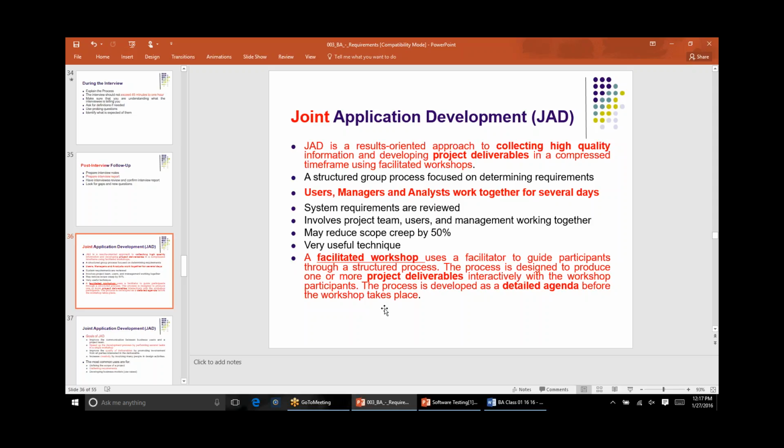Workshops are used to work jointly, to work together and gather business requirements, do the discussions, do the validations.